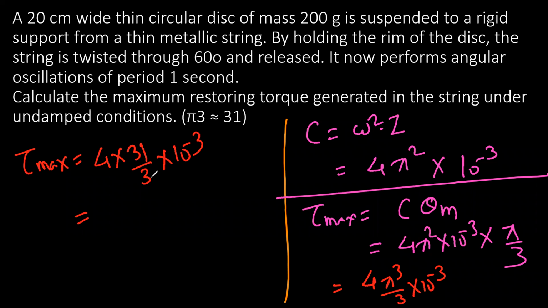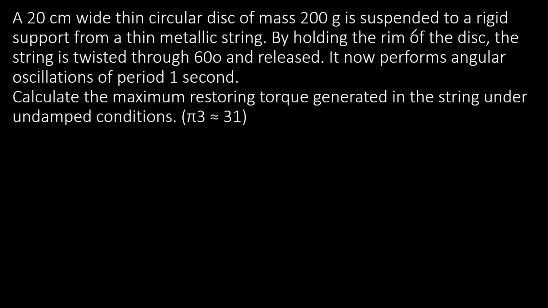So if you divide all three, it will become 0.4133. So torque, because torque is force into displacement, this is the answer 0.0413. Okay. So let's see the next one. That will be the last one.